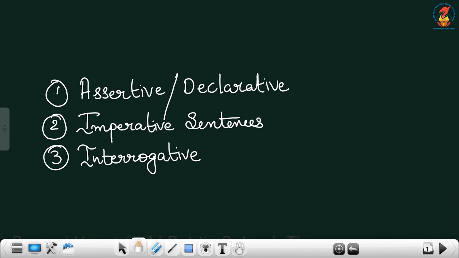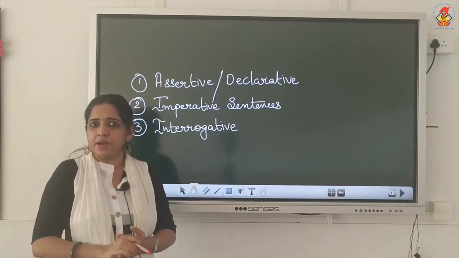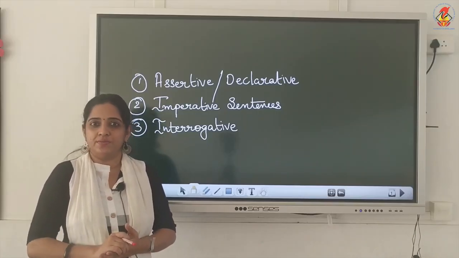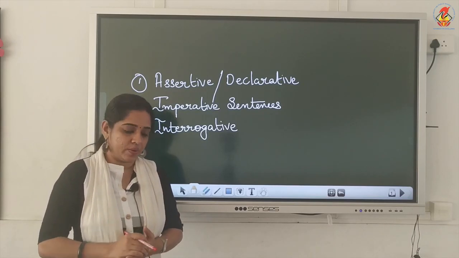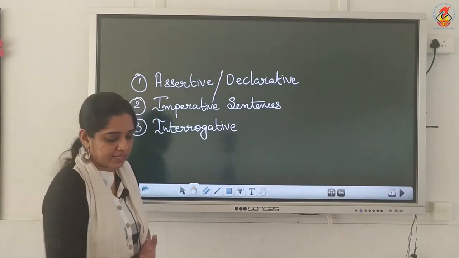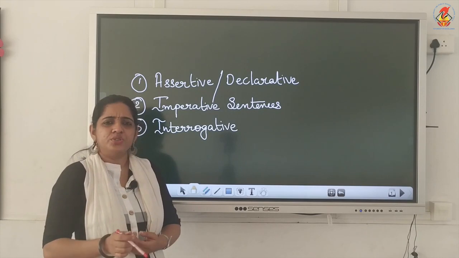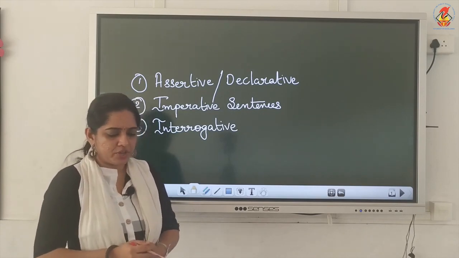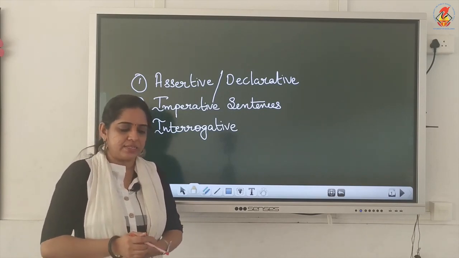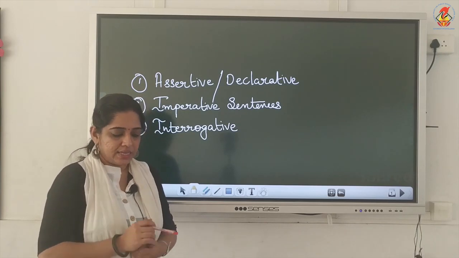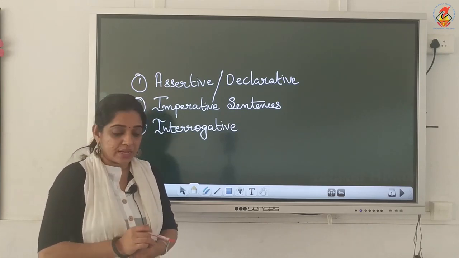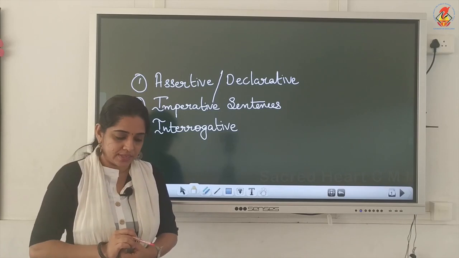Just like what is your name, where is your house, what are you doing right now, are you studying English grammar? All these are interrogatives, that means asking questions. See the examples given in the textbook. What are you doing here? Have you finished your breakfast? These sentences ask questions, and sentences which ask questions are called interrogative sentences.